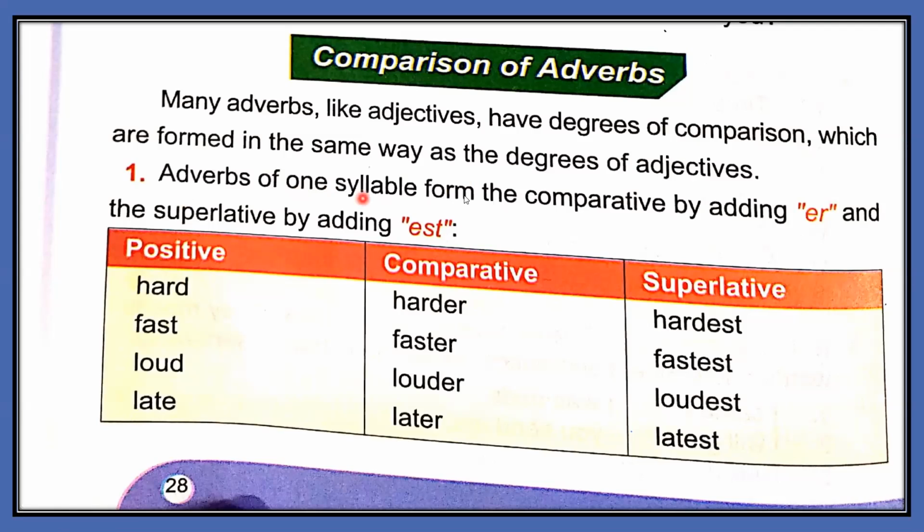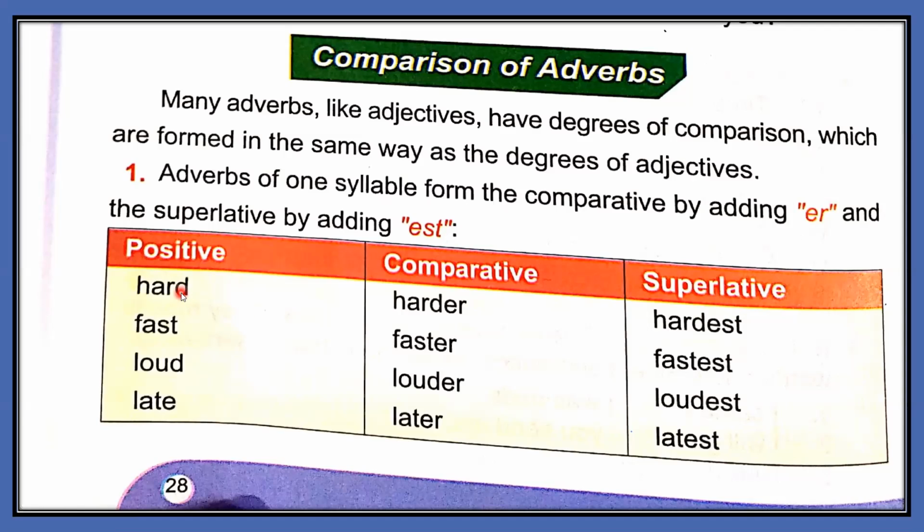Adverbs of one syllable form the comparative by adding er and the superlative by adding est. For example, hard is the positive degree of an adverb, harder is the comparative degree and hardest is the superlative degree.